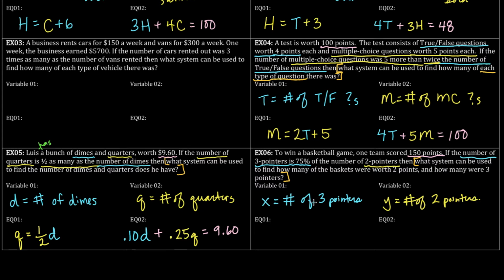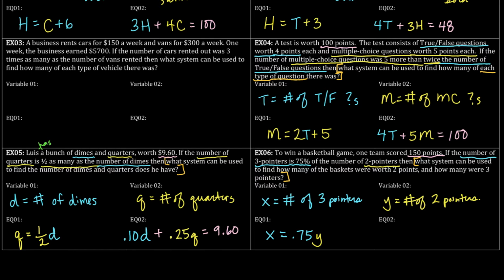So we know that the number of 3-pointers is 75%, so 0.75, don't forget to convert that, times the number of 2-pointers. Now, if you made 2-pointers here and 3-pointers here, then this would say Y equals 0.75x. So we might go the other way around. That's why it's important that you tell me which one's which.